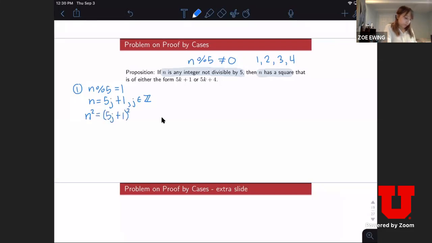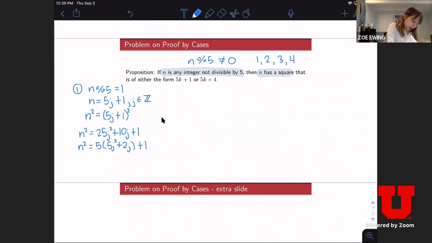Squared. Multiplying that out gives us 25j squared plus 10j plus 1. And then we can do factoring, pull out the 5, and that gives us 5 times 5j squared plus 2j, plus 1.